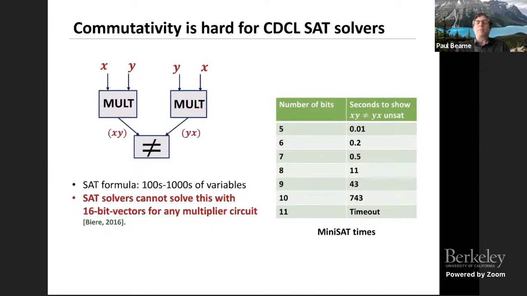And then Armin Biere observed that SAT solvers cannot solve this for 16-bit vectors, which might be the first sort of interesting case for any multiplier circuit. Doesn't matter which one you stick in. And he gave some of these as challenge problems for the SAT race, for the SAT competition. And the solvers were simply unable to do this.